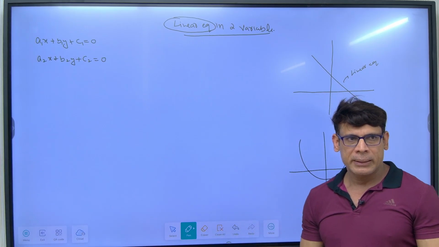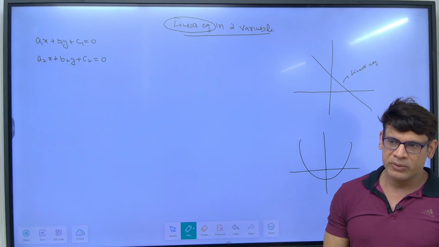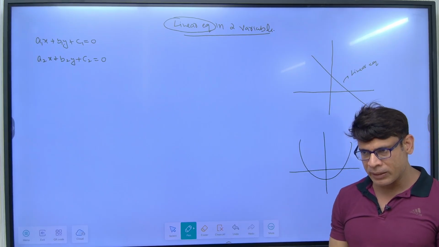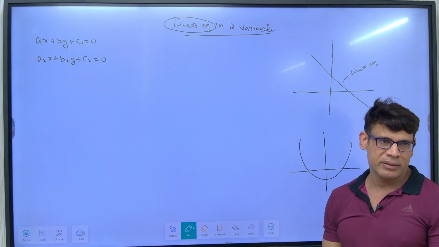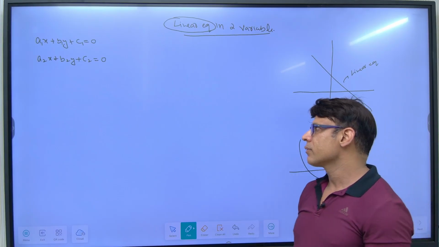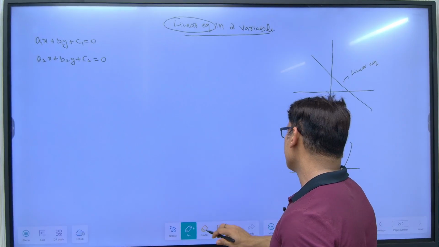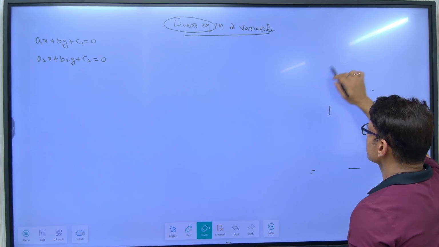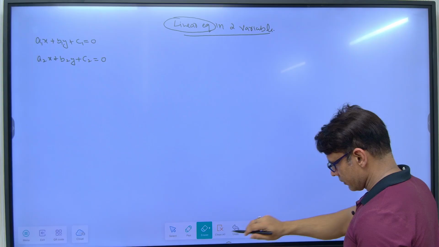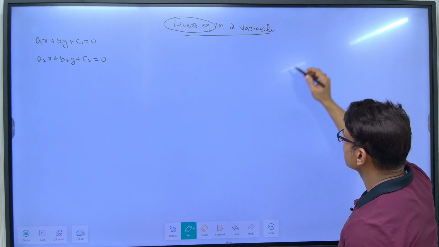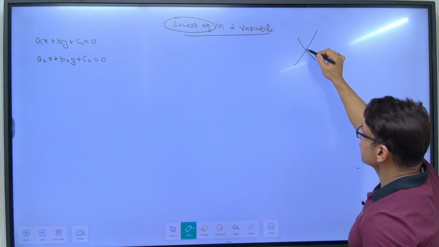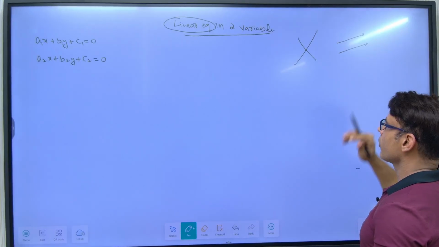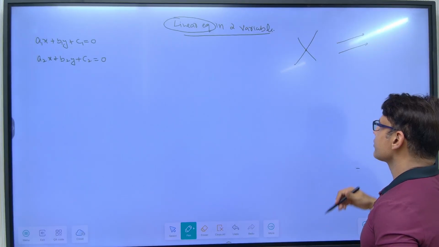Yes. Now, if I give you two lines, what are the possible conditions for two lines? The lines can intersect each other. Very good. Two lines can intersect each other, or two lines can be parallel or coincident.